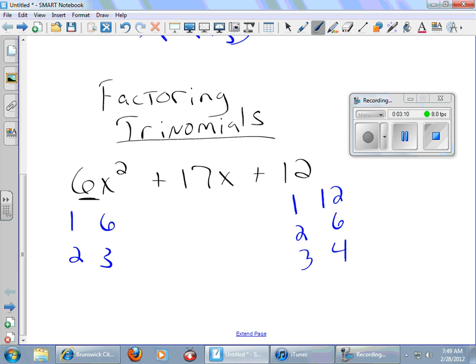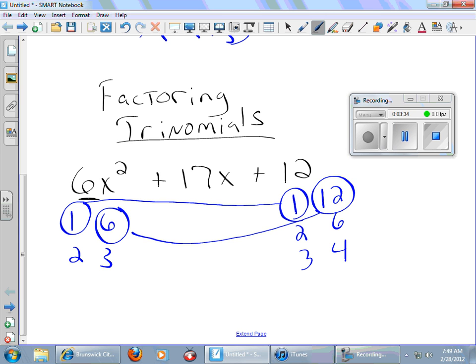Now, what I've got to do, and this is the tricky part, is take a pair of factors from 12 and combine them with a pair of factors from 6, as if I'm foiling. For example, I might do this one here times that one there. That forces me to do 6 times 12.